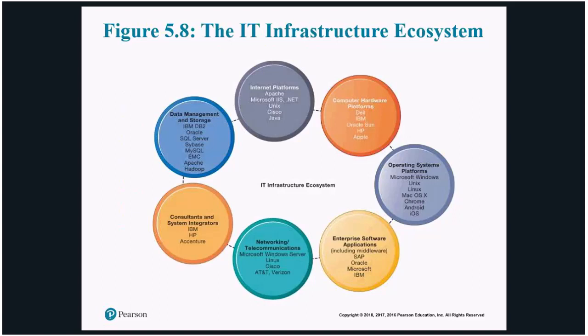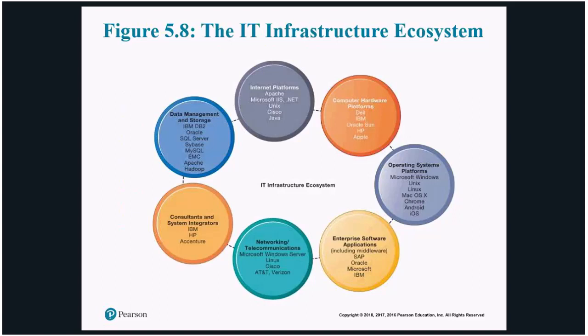Some vendors of enterprise systems are SAP, Microsoft, IBM, and Oracle. At Greystone, we're implementing an enterprise software application called NetSuite from Oracle. Networking technologies. I want you to note here that Windows Server and Linux are operating systems and don't really belong in this space. Some vendors we see here are Cisco, AltaVista, and Fortinet.